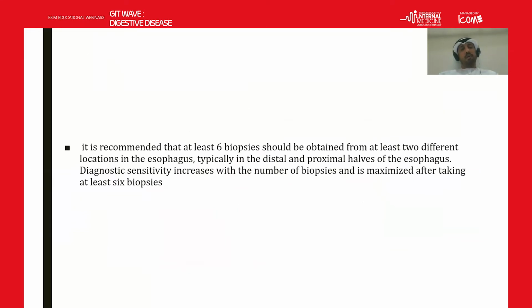Please also take biopsies from the stomach and the duodenum, in order to know that it's not a different entity or a whole-gut eosinophilic syndrome. I mean, there is no eosinophilia in the duodenum or the stomach, and it's isolated to the esophagus.